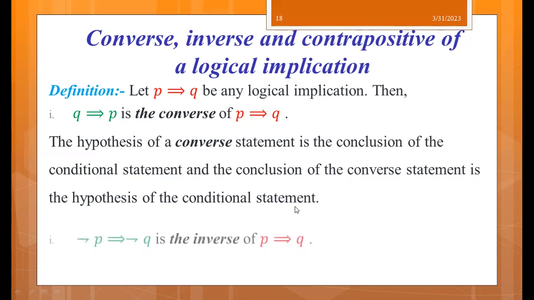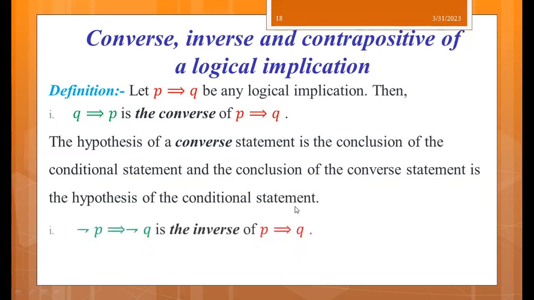The next one is the inverse of a given statement or logical implication. The inverse of a logical implication is obtained from the logical implication itself by making both the hypothesis, or simply the if, and the conclusion negative, that is, by negating both the if and the conclusion of the conditional statement.